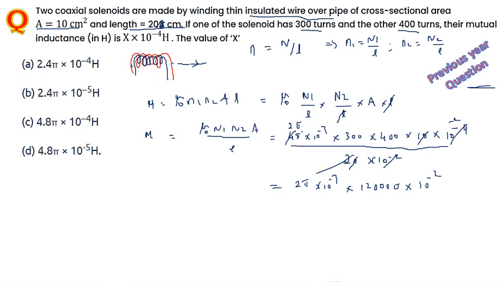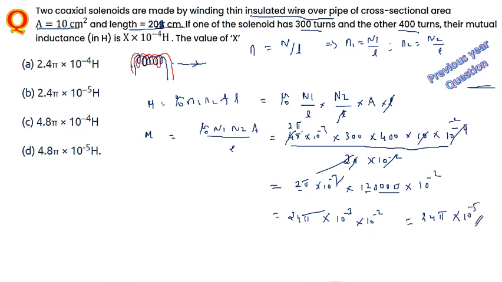Now you just cancel this. In that case, 12 into 2 is 24, so 24 pi. This 4 zero will be cancelled, that is 10 power minus 3 is there, and 10 power minus 2 is there. So what you are having here is 24 pi into 10 power minus 5.